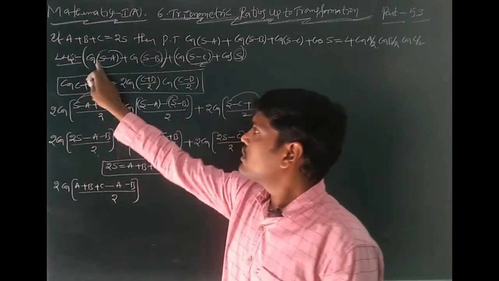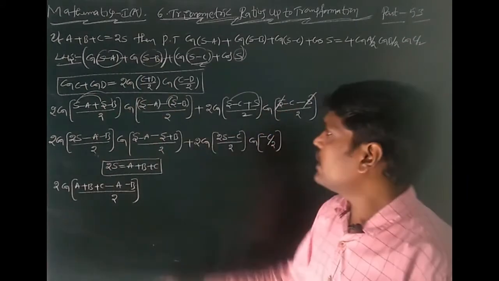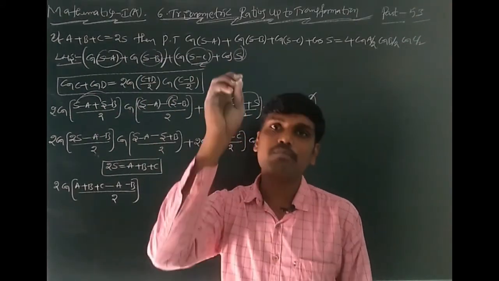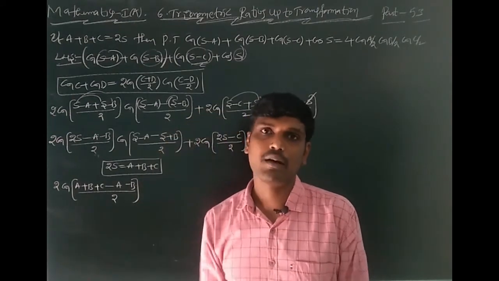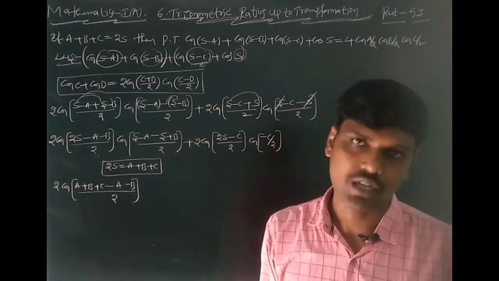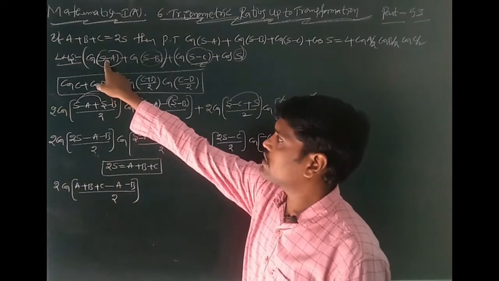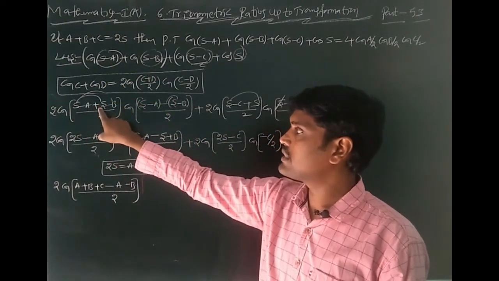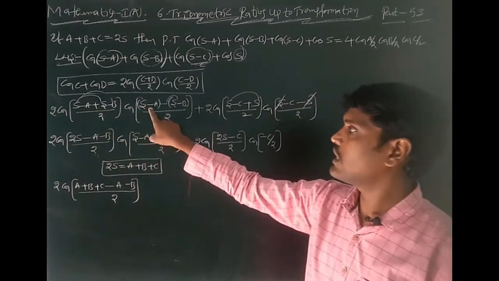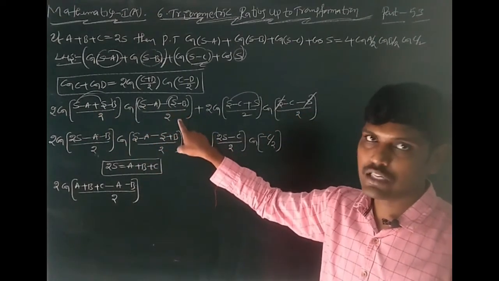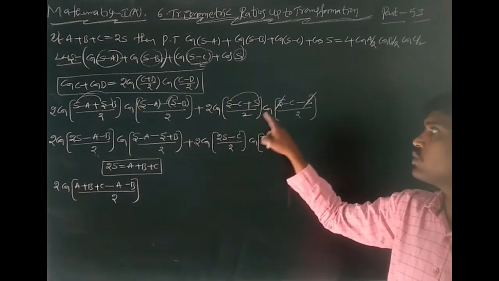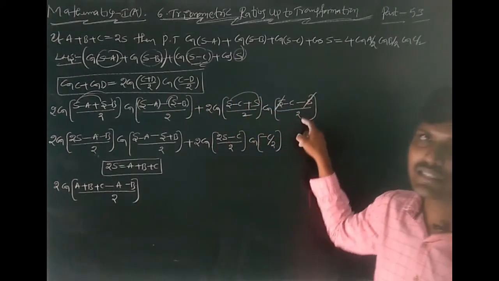Here it is cos c plus cos d, and here also it is cos c plus cos d. This is a repeated 2s problem. 99% this problem comes in the IB examination mostly. That is why in this problem, this is s minus a and this is s minus b: 2 cos of (c plus d) by 2 and 2 cos of (c minus d) by 2, plus 2 cos of ((s minus c) plus s) by 2 into cos of ((s minus c) minus s) by 2.